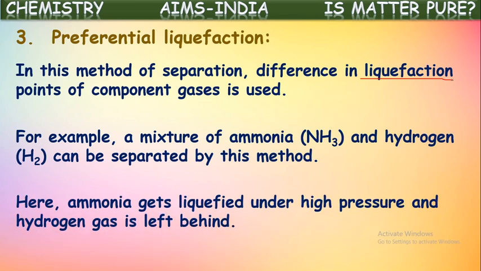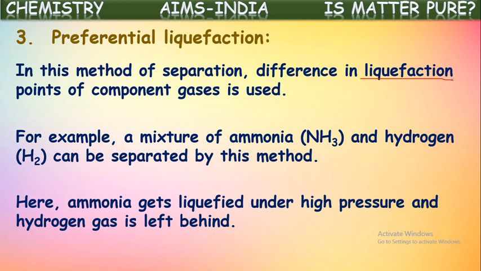Here, ammonia gets liquefied under high pressure and hydrogen gas is left behind. On applying a little pressure and cooling it, ammonia gas will be easily liquefied, whereas hydrogen still will be in the gaseous state only, so that the liquid can be separated from the gas very easily.